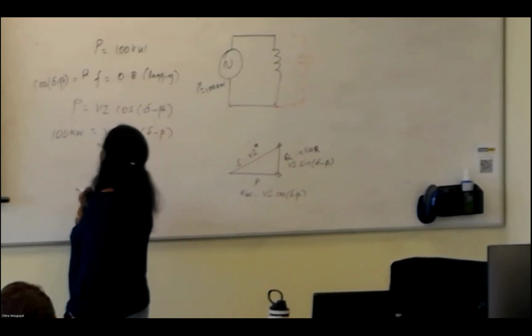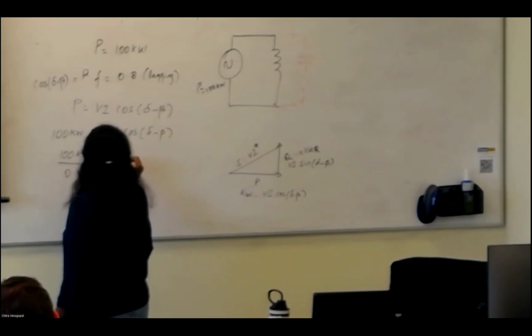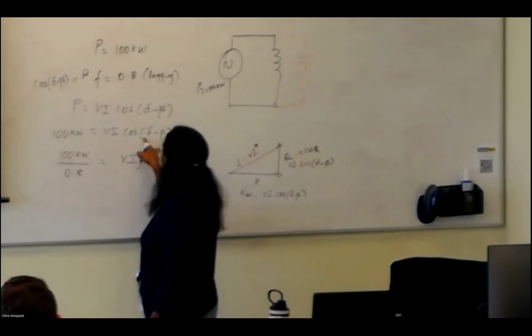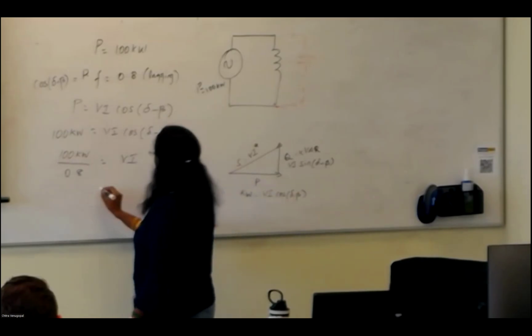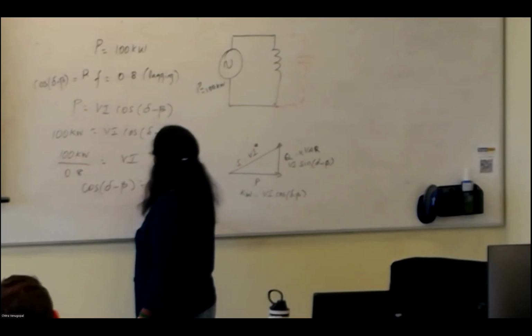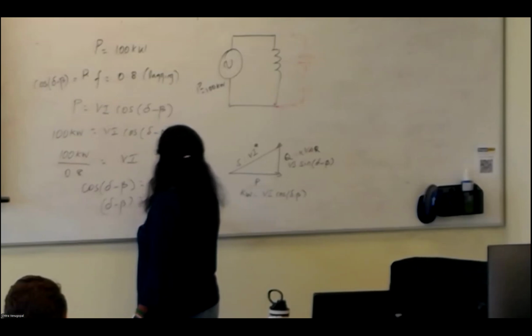So you can calculate what is V I from this. 100 divided by 0.8 equal to V I, apparent power. Okay. So get your V I. And then cos(δ minus β) is given as 0.8. So what is δ minus β? Cos inverse of 0.8.